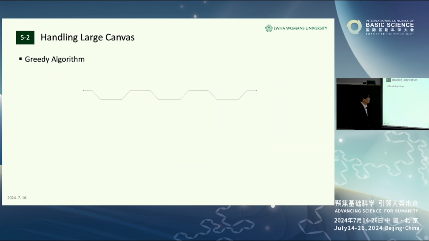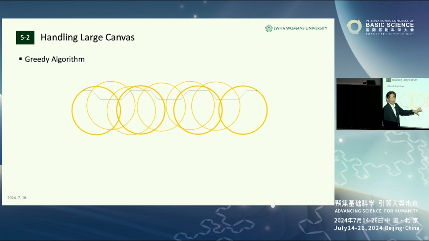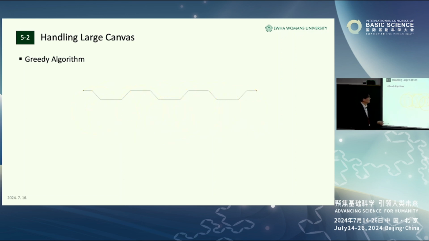And then the question is, can we find a set of circles, or coverage circles, to cover the entire canvas geometry? In our case, we use a simple greedy algorithm. The simple solution is that we just randomly sample these circles of coverage such that they cover the entire target surface. And then we greedily select these circles one by one, which can maximize the coverage of the uncovered area so far.